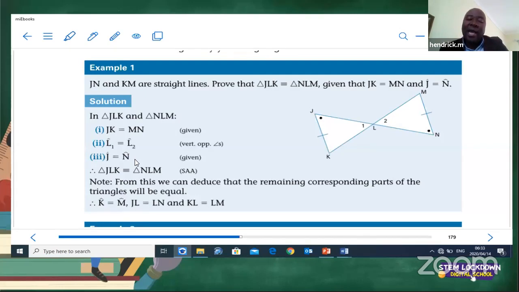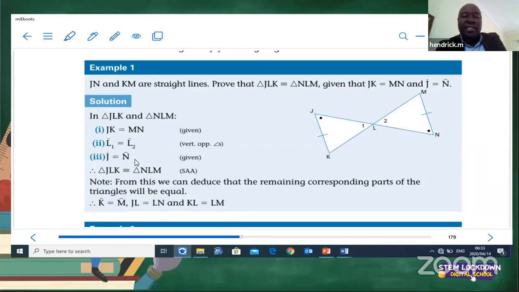So you've got one side, the corresponding side JK equal to MN. You've got two pairs of angles, L1 equal to L2. And of course, the last angle will be J equal to M. They are given. Therefore, you can make a conclusion.